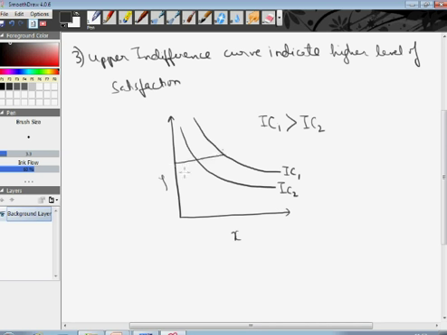The quantity of commodity X used here is more than the quantity of commodity X used on IC2. So that is why the curve IC1 has a higher level of satisfaction as compared to the curve IC2. A larger quantity of a commodity will obviously yield greater satisfaction than a smaller quantity of it.